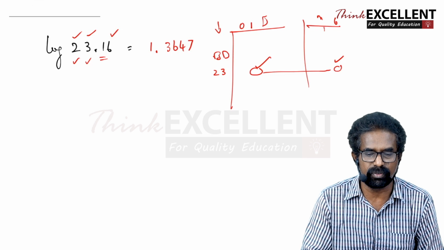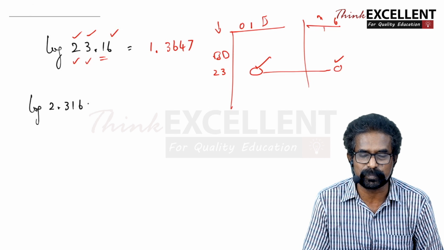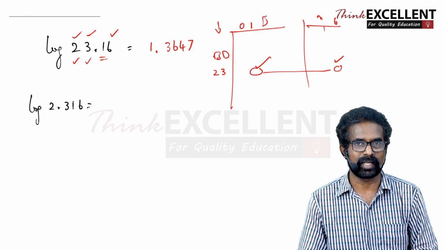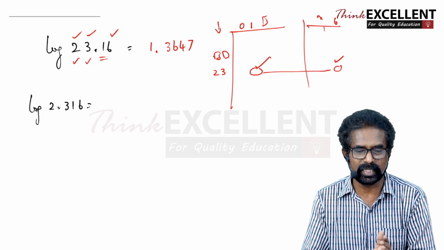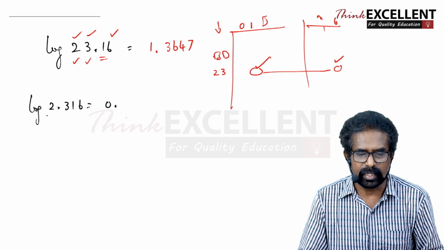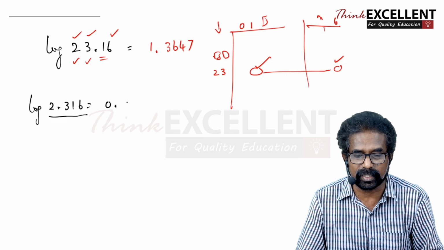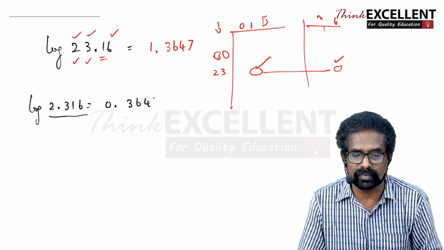Suppose I take a few more examples. Suppose you want the log of 2.316. Can you say the characteristic? Before the point, you see how many digits? Just 1 digit, so you put 0. For the digits 2316, it is the same thing, so you write 3647 like the previous one.